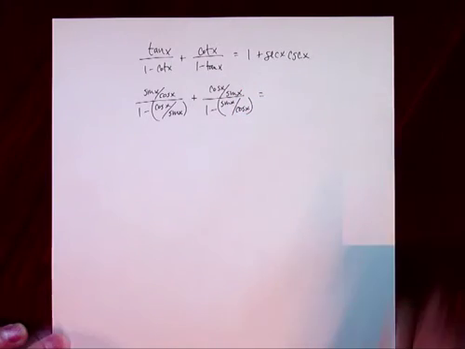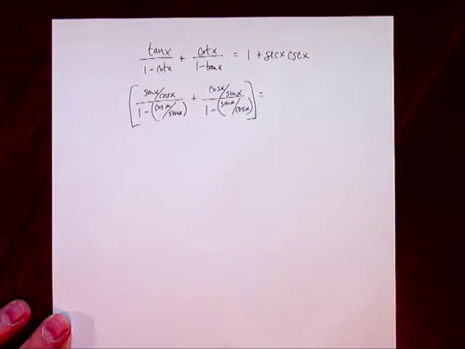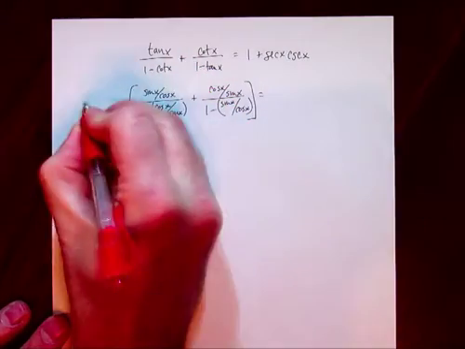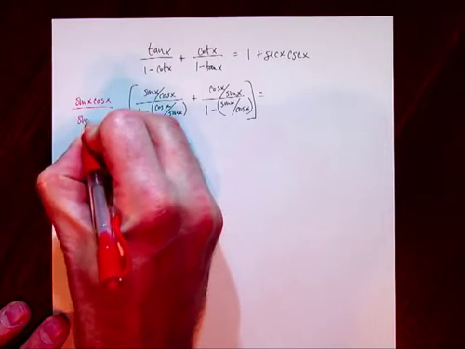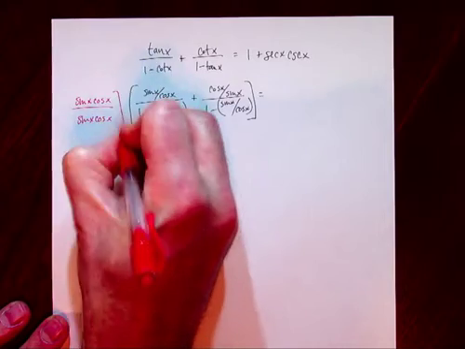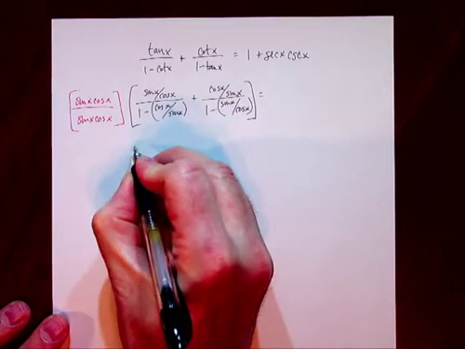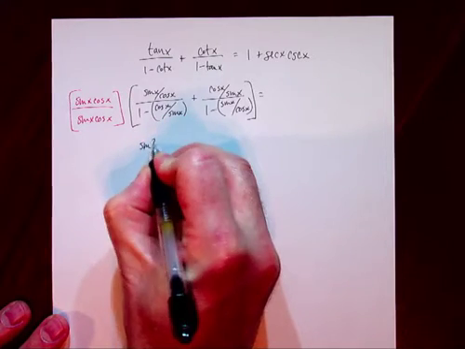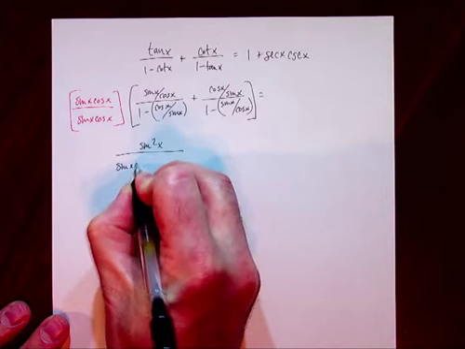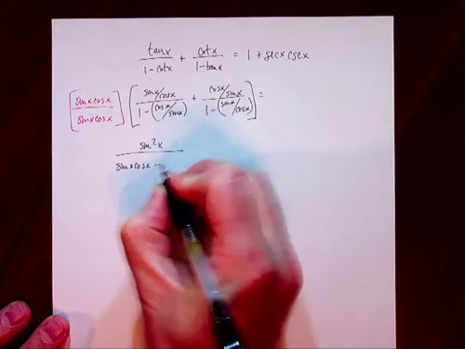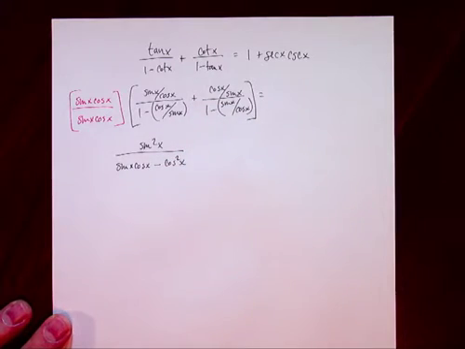So when I multiply both of these by sine x cosine x over sine x cosine x, what happens is I'm going to get sine squared x over sine x cosine x minus cosine squared x in that first one, right?